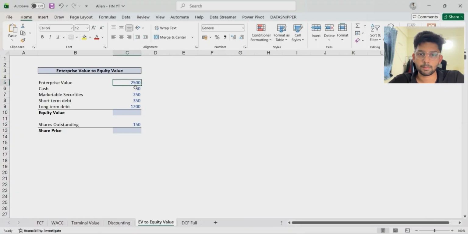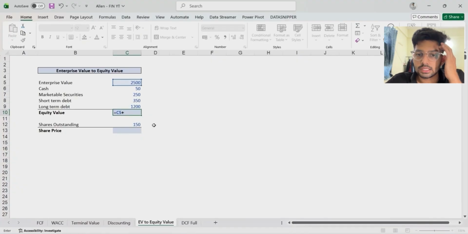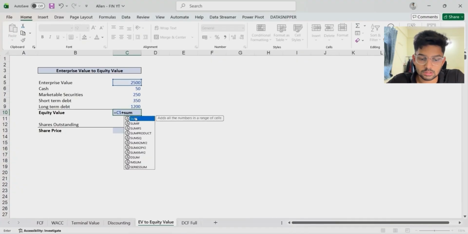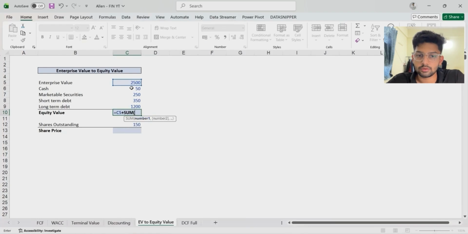Now that we have the enterprise value, the next step is to calculate equity value. Enterprise value represents the total value of the business, including both debt and equity. But as investors, we are interested in the value available to the equity shareholders.